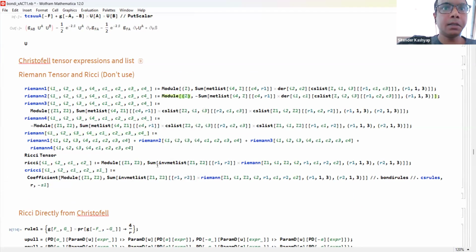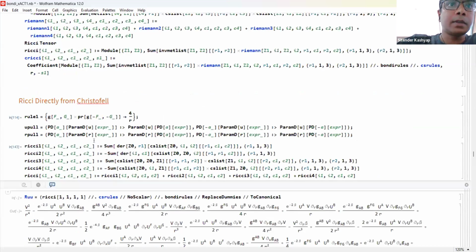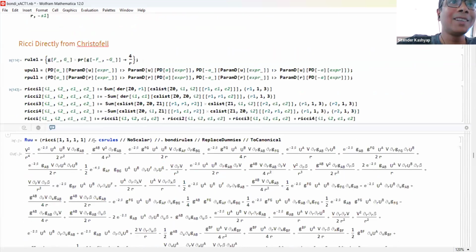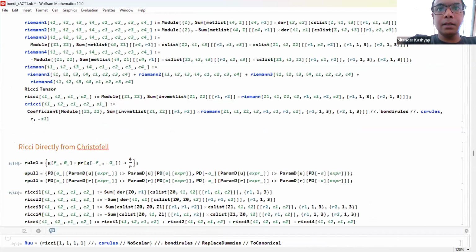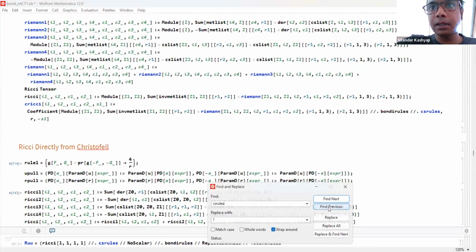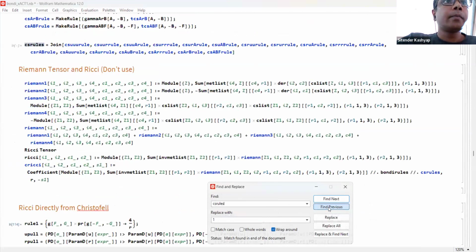So we calculate the Ricci. Now using our expression of CS rules, it's a little involved.